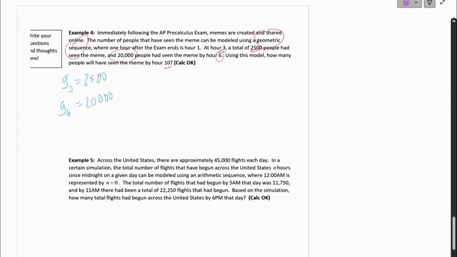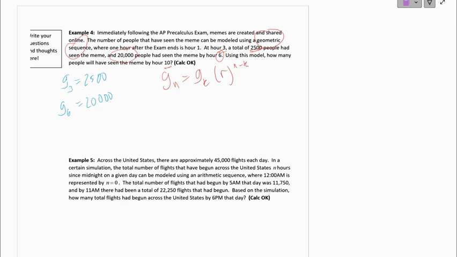Now we can choose. We're going to use that general formula that we've used a few times now in the videos and in class: G sub n equals G sub k times the common ratio raised to the n minus k power. We don't know r. That's what we have to figure out.